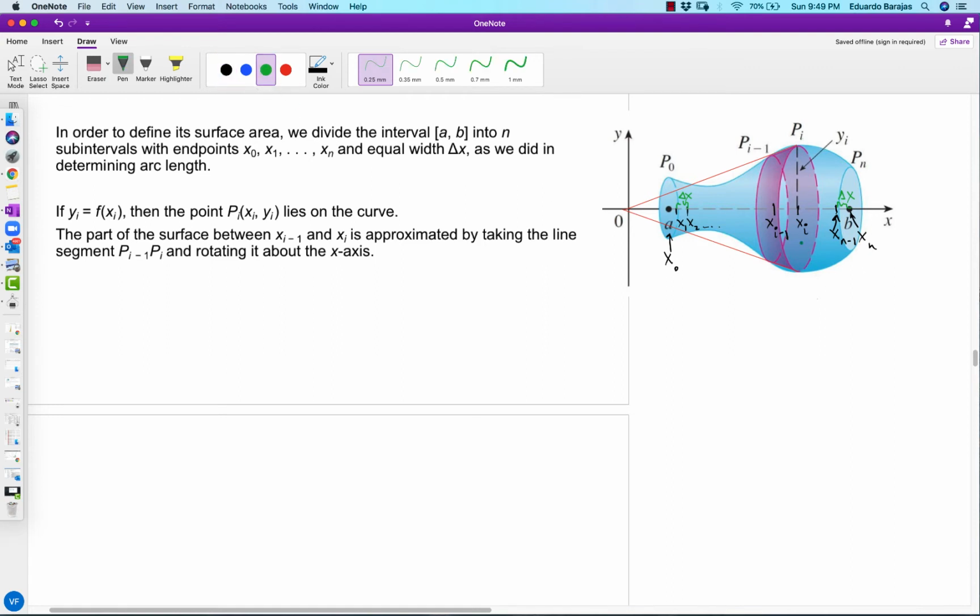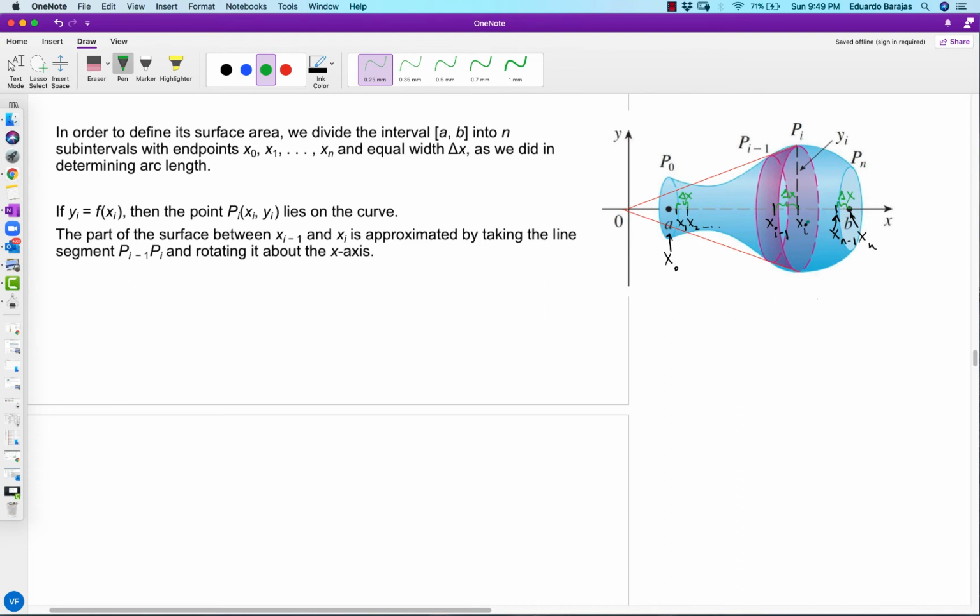And the width between them would still be delta x. Now I know I drew it really big here, but that's just because it's a little easier to see. But all these delta x widths are actually supposed to be the exact same. And remember, delta x is supposed to be really small.